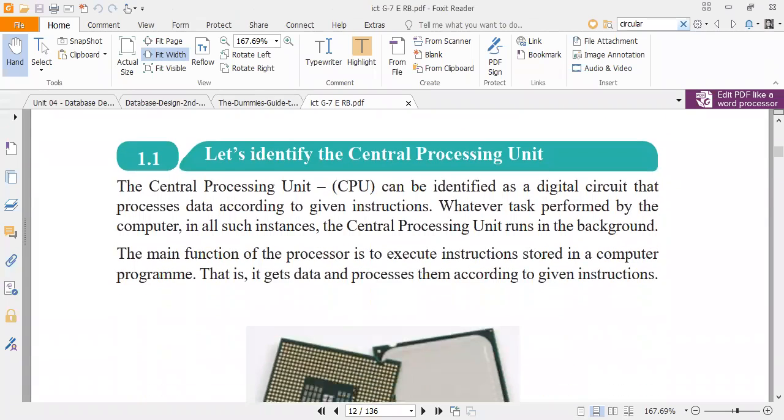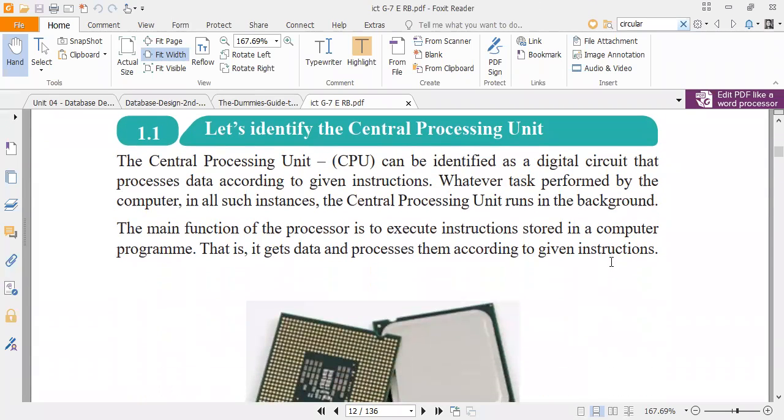Then you can see how we can work with this CPU. It is a digital circuit that processes data according to given instructions. Whatever task is performed by the computer, in all such instances the CPU runs in the background, right?